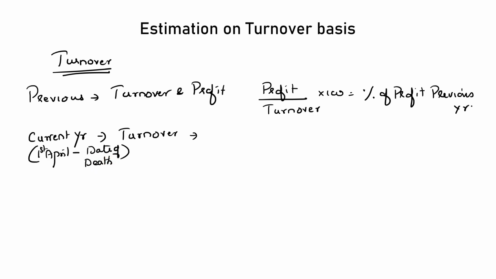You just take out the sales book, total all the sales that have been made from the beginning of the year till the date of death of the partner, and you get the total turnover for that particular period. Using that as the basis, we apply this profit percentage on turnover to get the profit for the current year for that particular period.